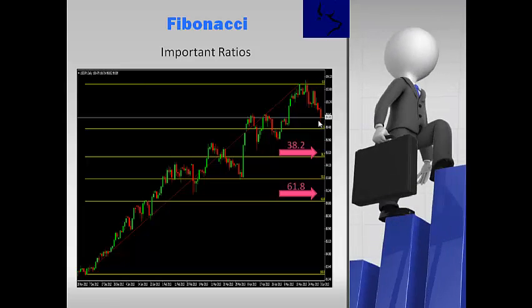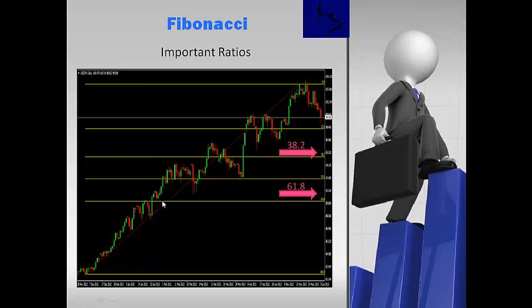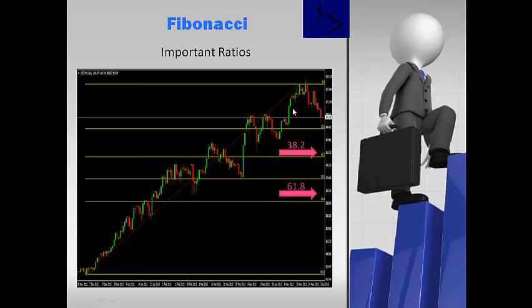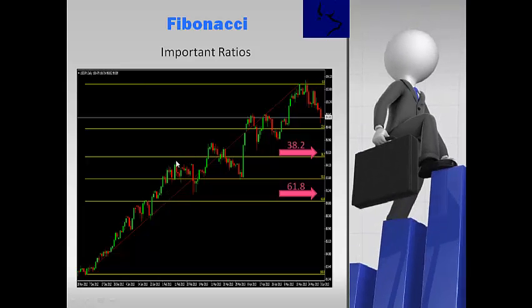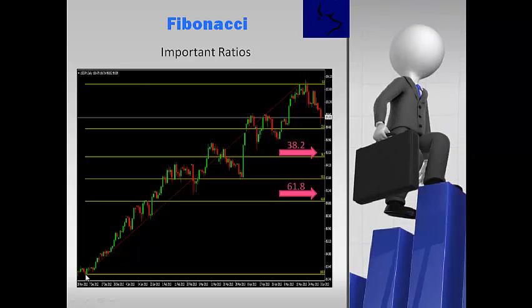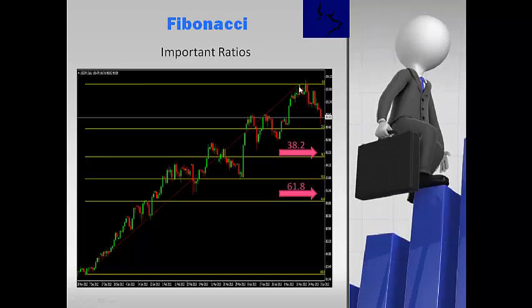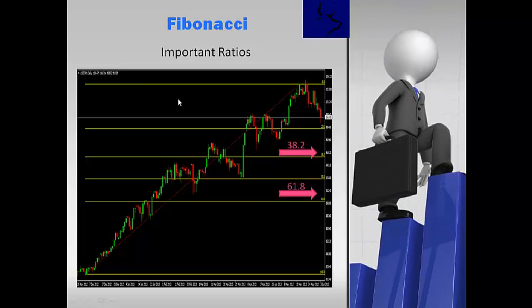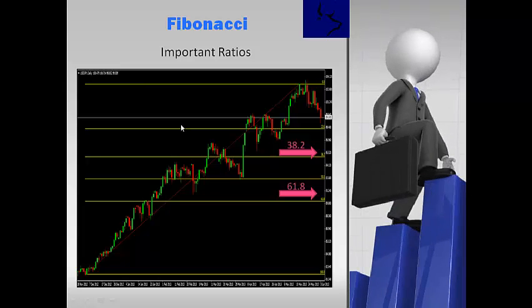These candlesticks represent one day, and what we're doing is using the Fibonacci retracement. We started from the bottom low point all the way to a high point. Once we do this, the Fibonacci retracement will be generated.